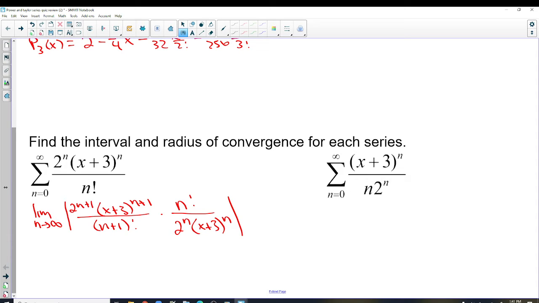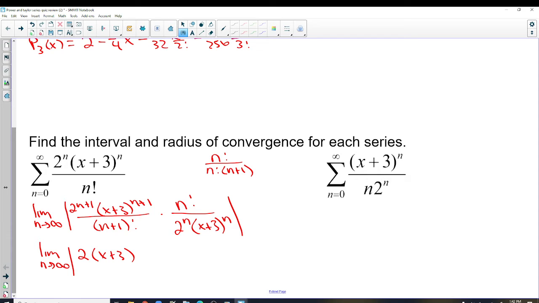So we've got the n plus 1s and the n's. Now let's see what we get when everything cancels out. We have an extra 2, an extra x plus 3, and then this becomes n factorial over n factorial times n plus 1.